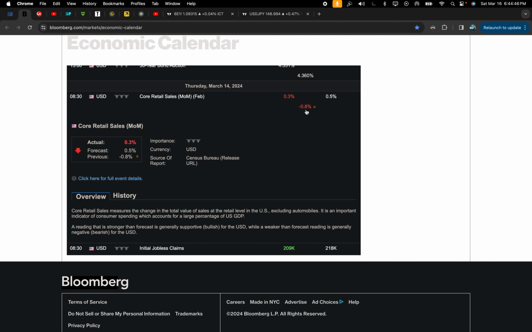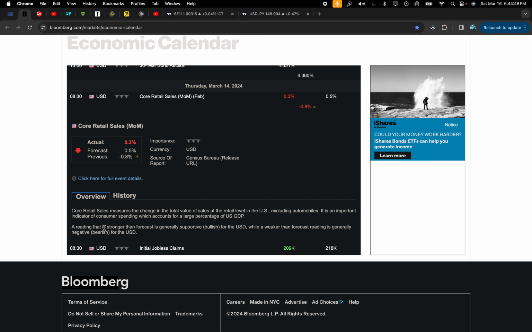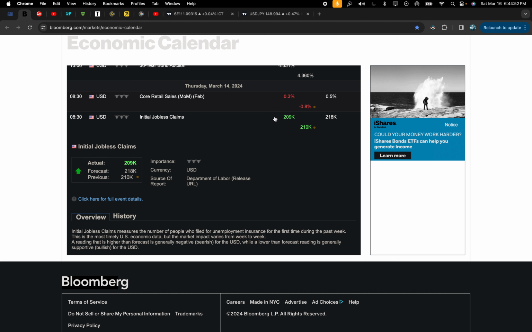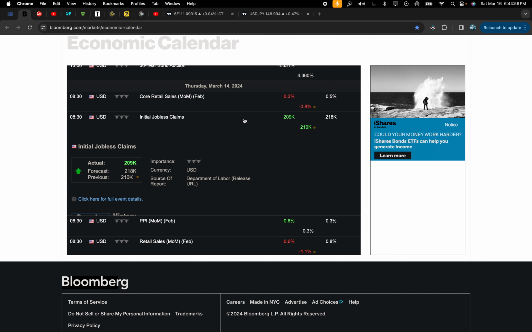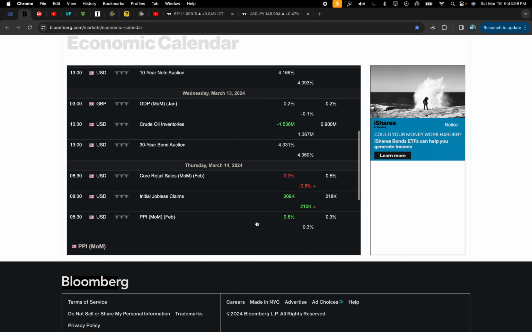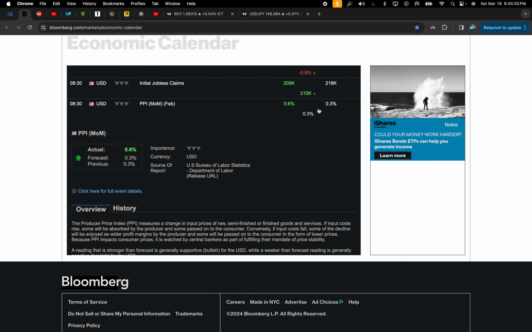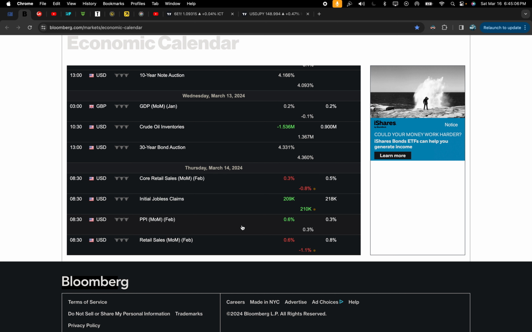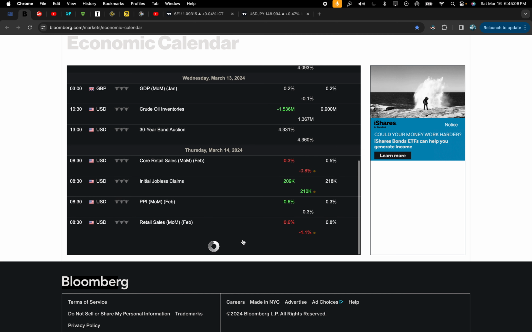So anyway, this one was higher than forecast, so that's bullish. This one was lower than forecast, so that's supposed to be bullish. This one was higher, stronger than forecast, supposedly bullish. So 3 pieces of news that are bullish for the dollar, allegedly.